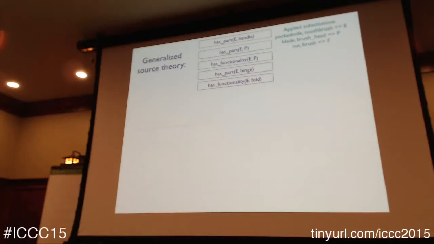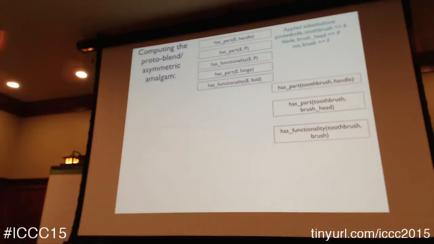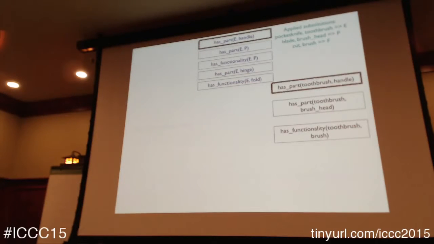And now we want to combine this with the target. So this is the target. And this has two parts because of some technicalities that are part of the system. So first we build what is called the proto blend, and then the final blend applying the substitutions. So in here first, this will be unified with the part of the toothbrush, which is this one.